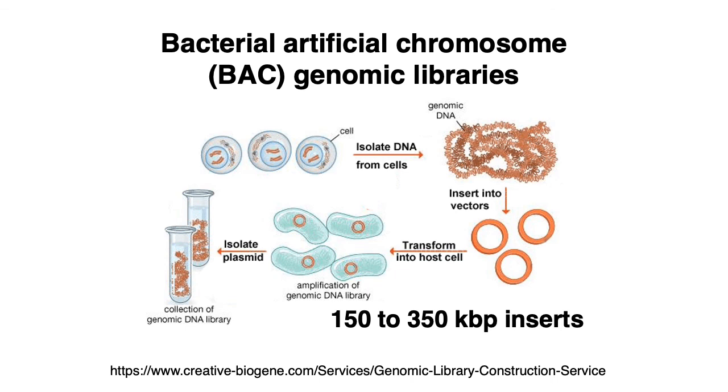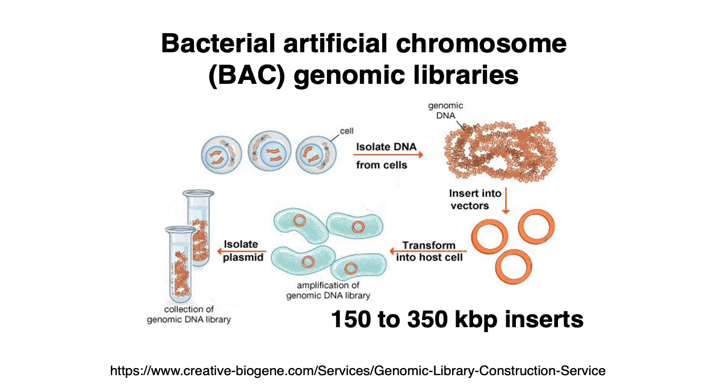Going back to these BACs, a bacterial artificial chromosome, or BAC, is basically a synthetic DNA construct that you use to clone DNA sequences into, for example, bacterial cells like E. coli.